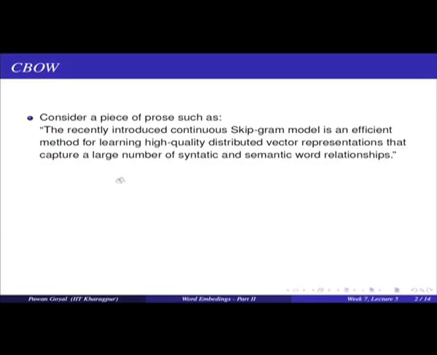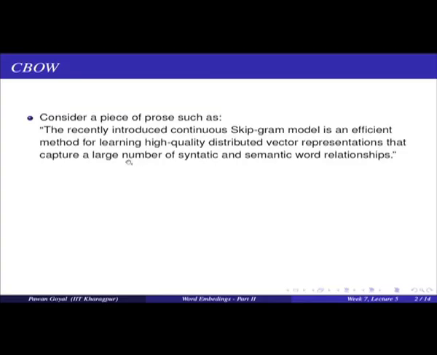So let us see what we do in the CBOW model. This is the text data that I have, and I am trying to learn representations, embeddings, of various words. At a time, I will go through one particular window.